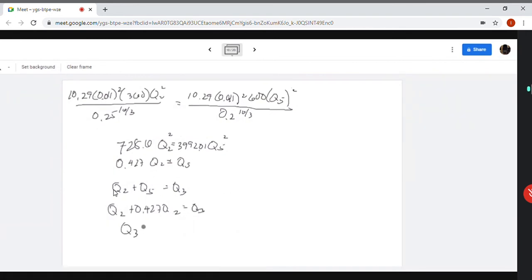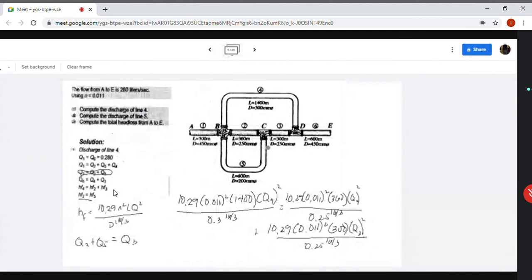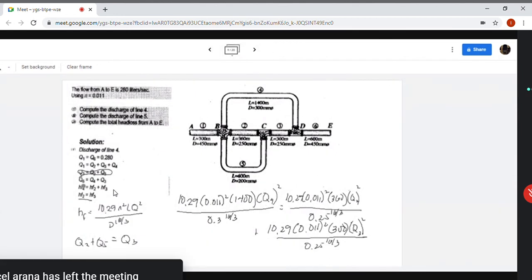So Q3 is equal to 1.427 Q2. We are going to use that because Q4 plus Q3 is equal to Q6.